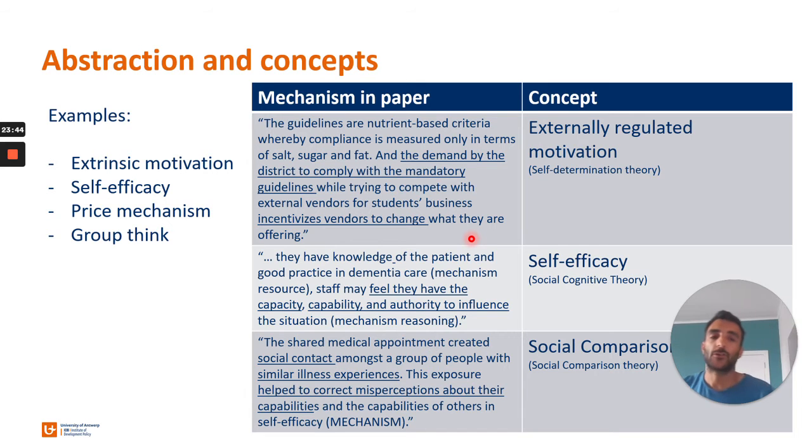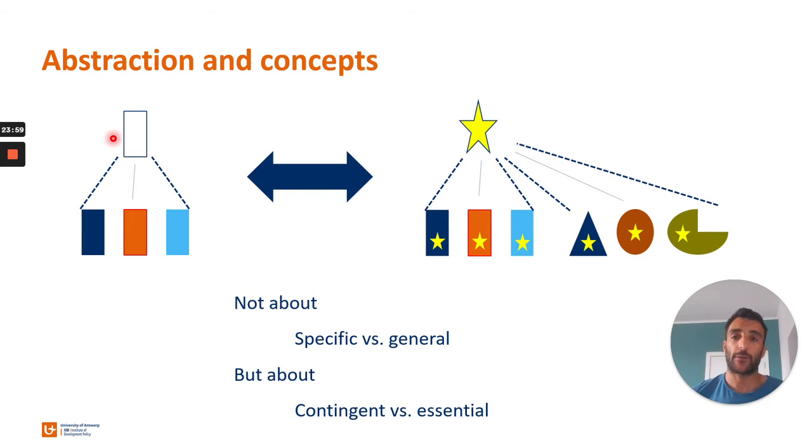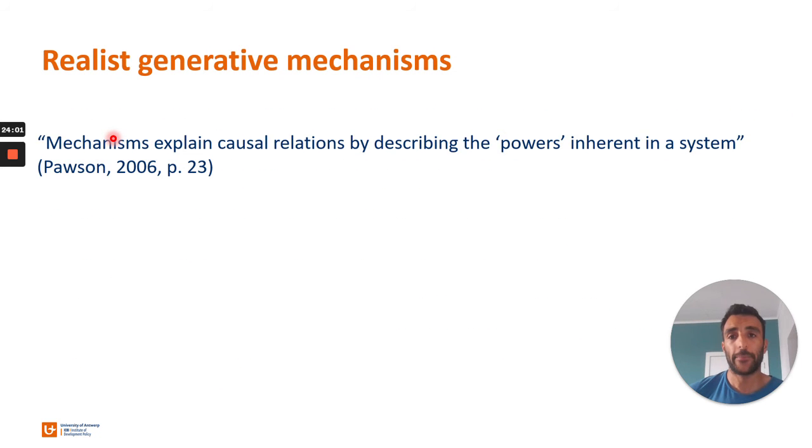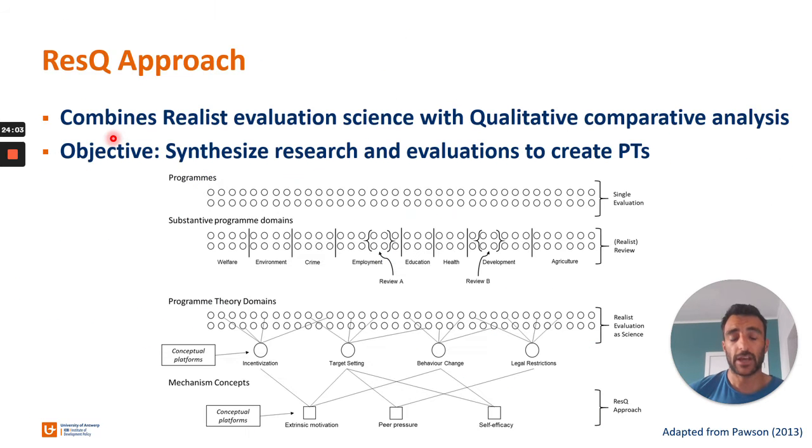And so I think some examples of what they are, and of course the rationale behind the use of such concepts and such abstraction is that if we do so, we can learn, and we're going to go all the way back to what we said here, right? We want to learn from these different evaluations.